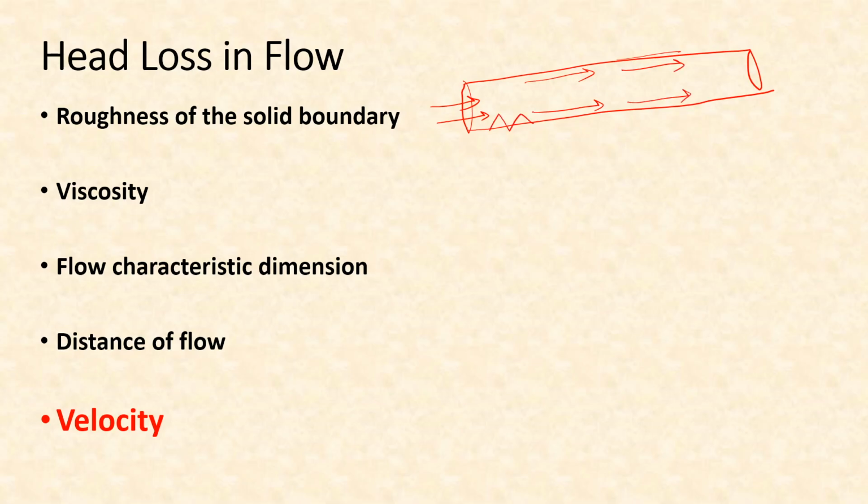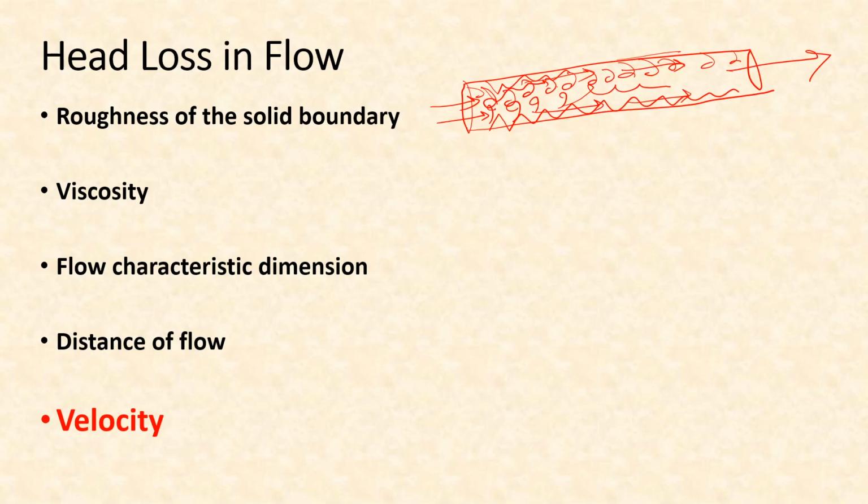But if the pipe boundary is very rough, in that case flow will not be able to pass smoothly, and it will cause lots of this kind of turbulence, and a significant amount of the energy that the flow had will be spent in overcoming this kind of disturbances. So the flow will not be able to pass with a very high velocity, and therefore that means the energy is lost in overcoming the roughness induced friction.